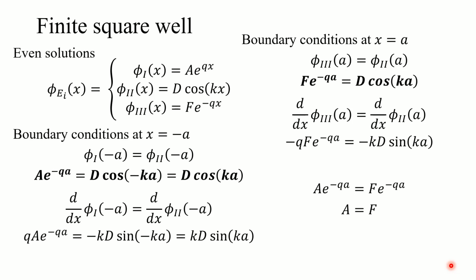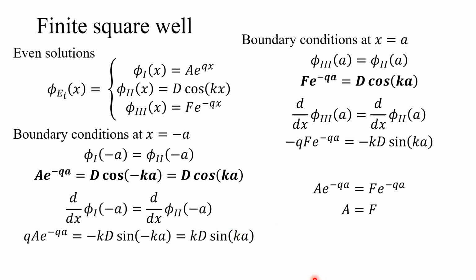Another thing we notice, though, now that we have this a is equal to f, we see that these two equations are actually the same equation, and likewise, the equation from the second boundary condition is also equivalent, right? We probably should have expected this.